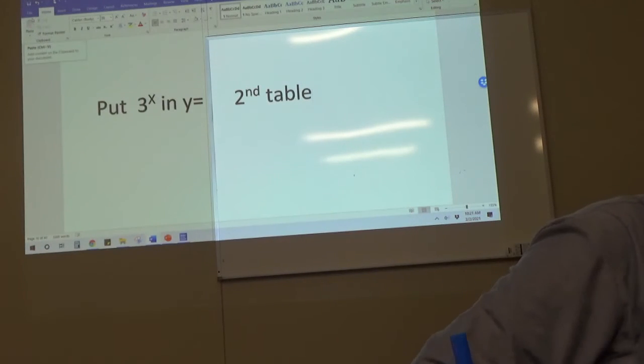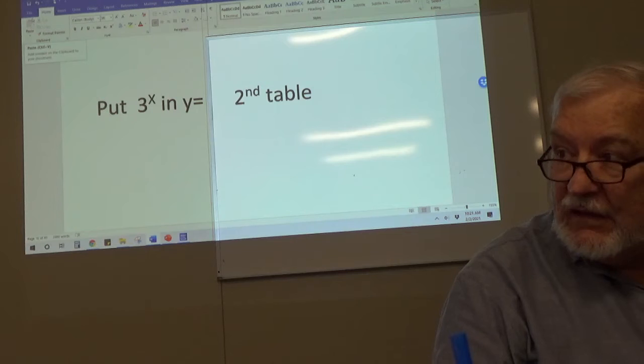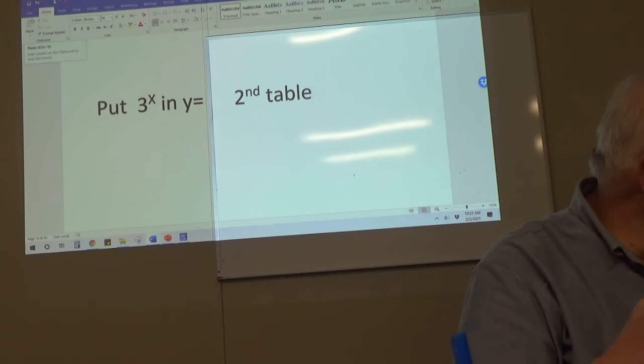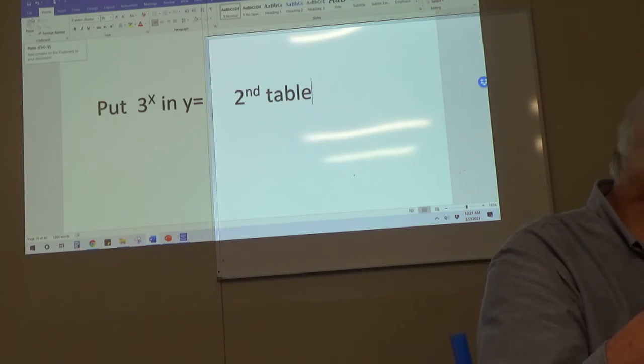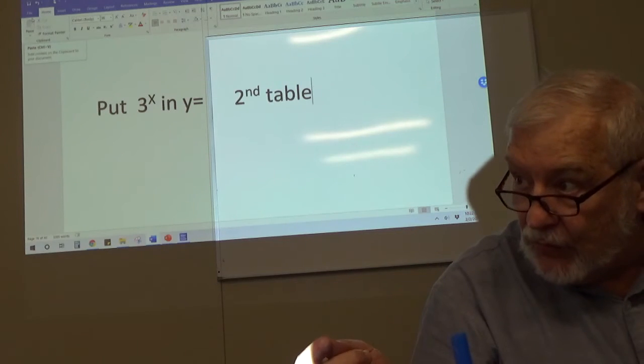Okay, now R5 says find the exact value. What is the exact value? What does that mean? What that means is that you're supposed to give the value as either a terminating decimal or as a root.